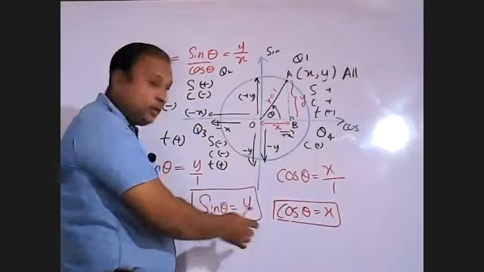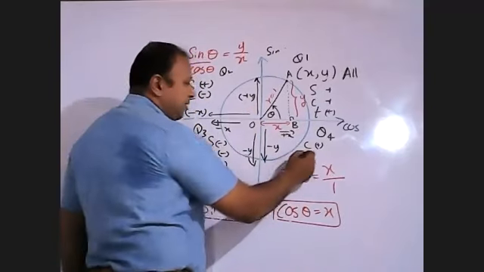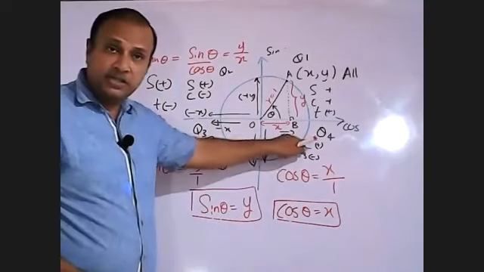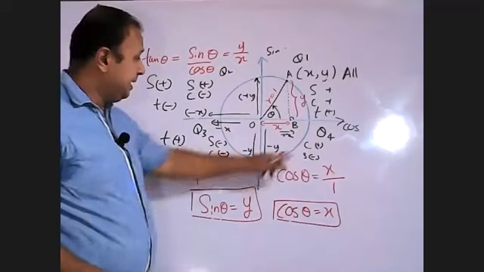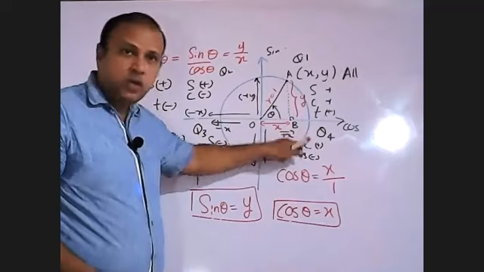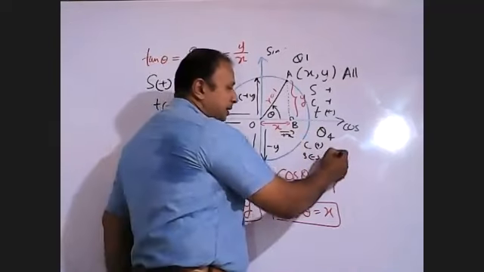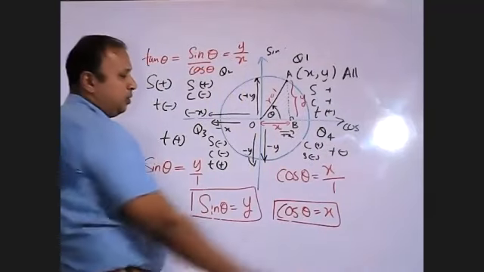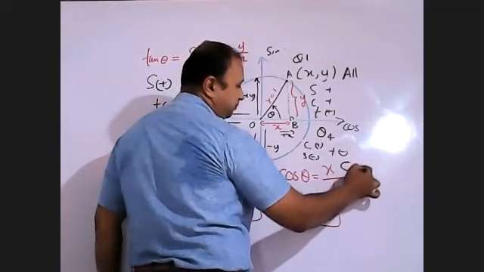Y values are negative, which means sin values are negative. Tan is equal to sin over cos, that means minus value over plus value, so it becomes a minus value. Therefore, in the fourth quadrant, cos values are positive.